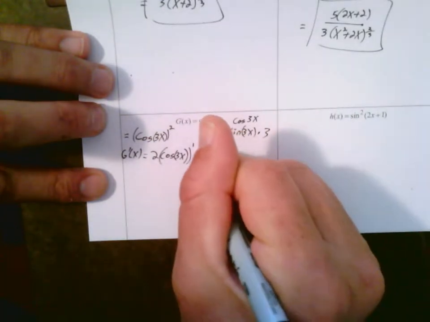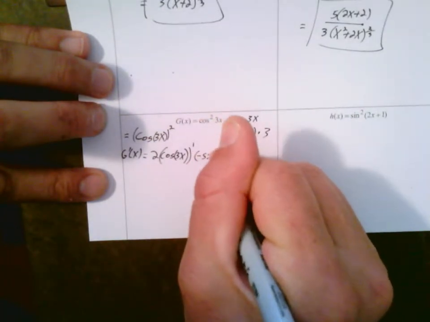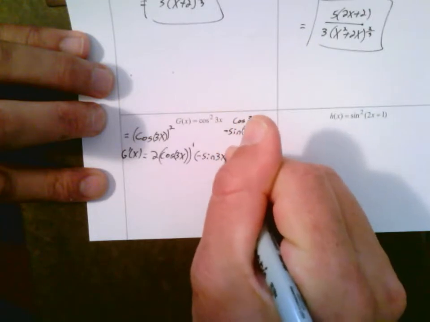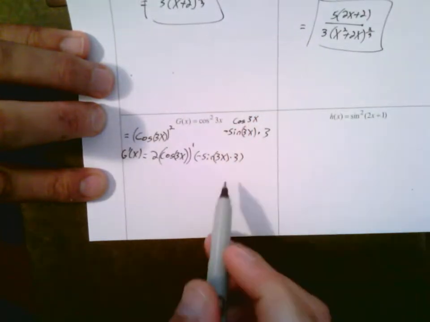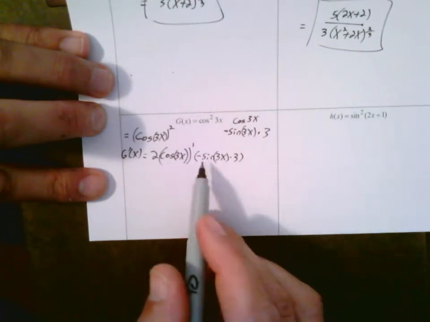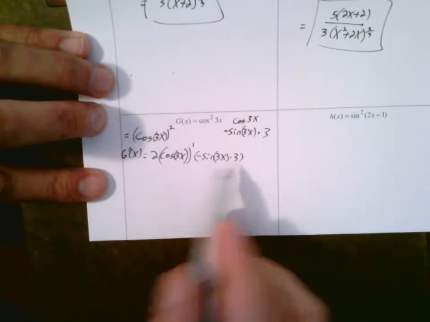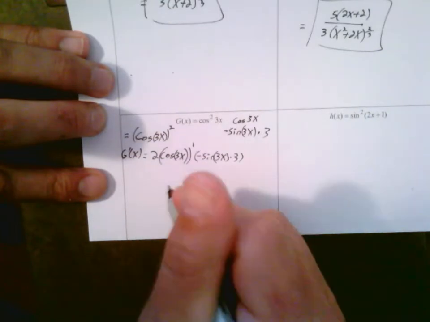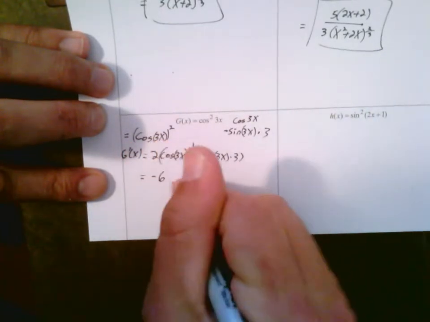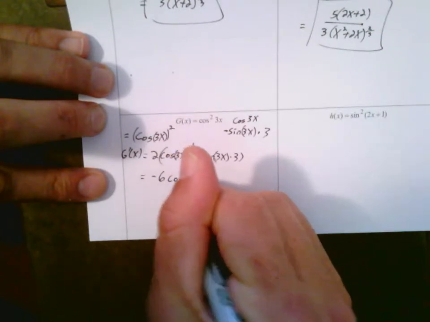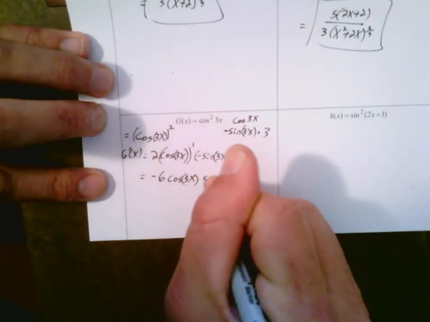So this is going to be negative sine 3x times 3. So I can multiply the negative 1, the 3, and the 2 together, and that's pretty much all I can do. So I have negative 6 cosine 3x sine 3x.